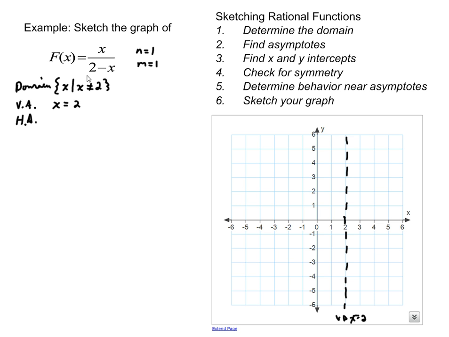Remember, the leading coefficient is not the first number in the expression, but the coefficient attached to the highest degree term. Another way of writing our function f of x would be y equals x divided by negative x plus 2, which means our horizontal asymptote will be the line y equals negative 1 this time. So we'll sketch a horizontal line to represent our horizontal asymptote at y equals negative 1.